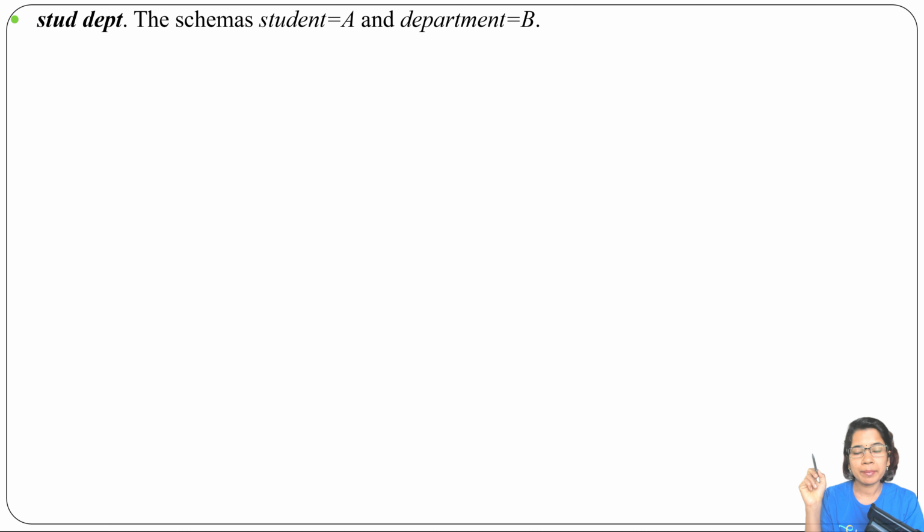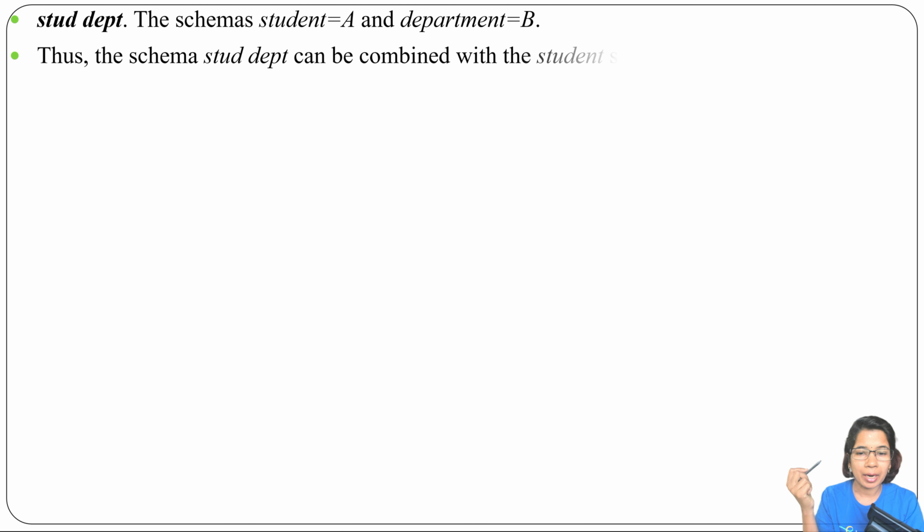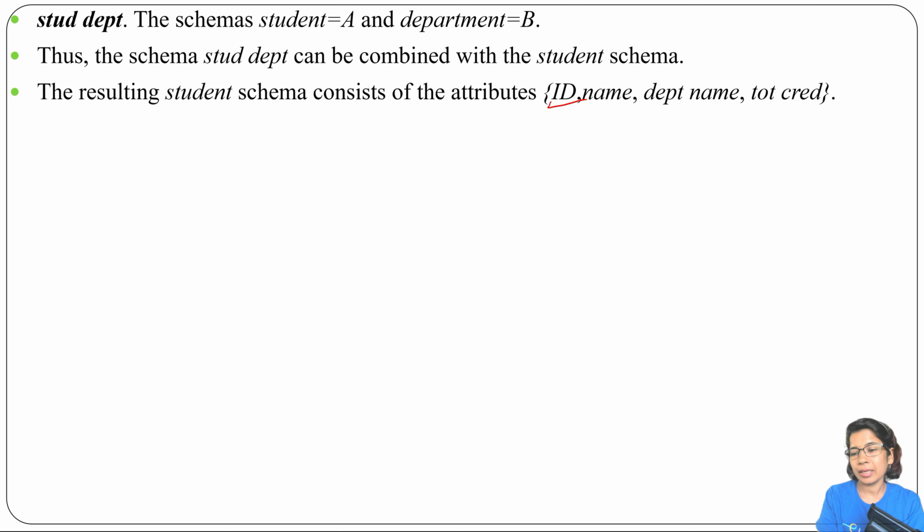Next, student department. This is a many to one relationship. Student is the many side and department is the one side. So consider student as A, department as B, and AB is our student department. We can merge this student department with student. Now the attributes of student will be ID, name, department name, total credit. This department name is for this relationship student department.